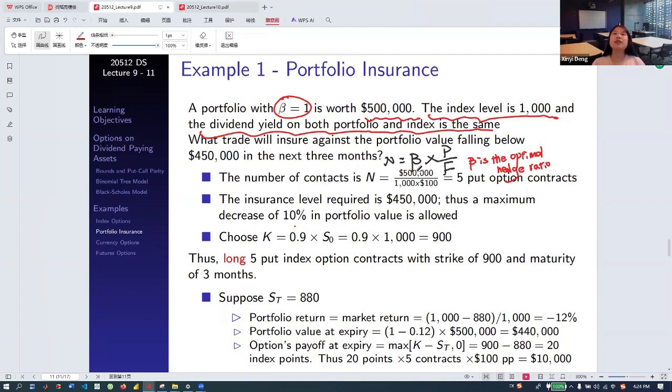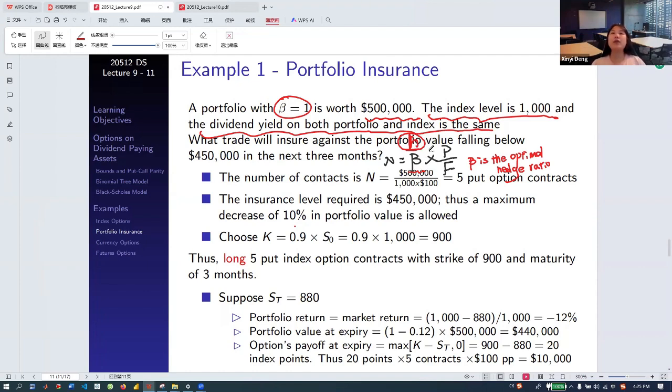If you still remember, the optimal number of contracts is calculated as N equals beta times P divided by F, where beta is the optimal hedge ratio. The original version of the calculation has an optimal ratio, basically defined to be edge.